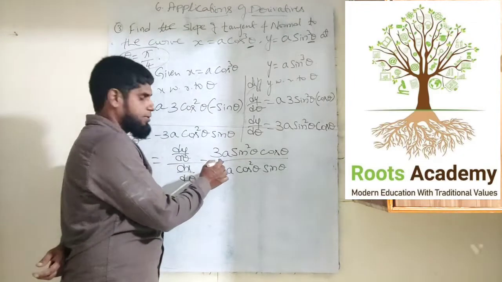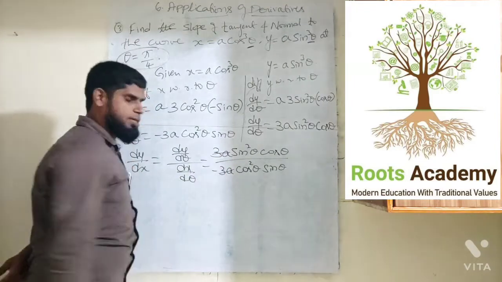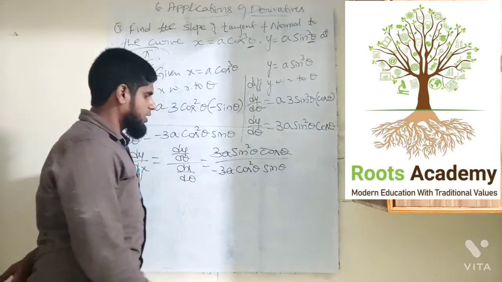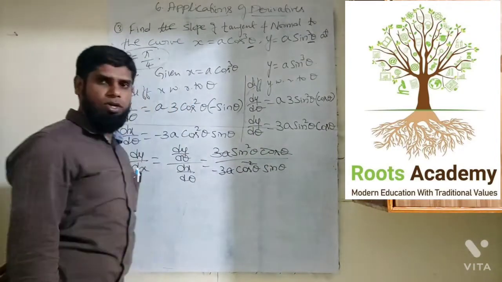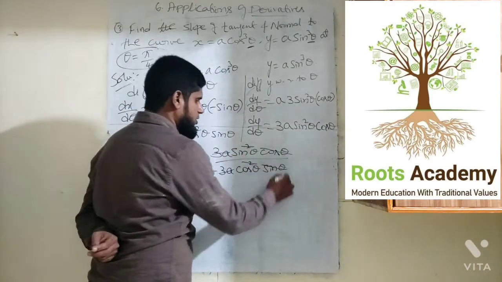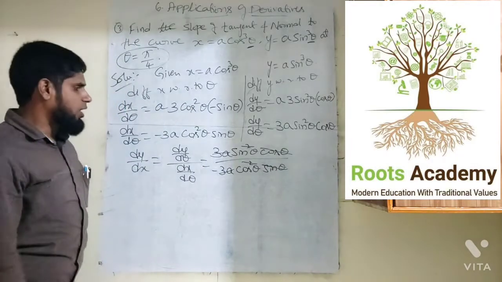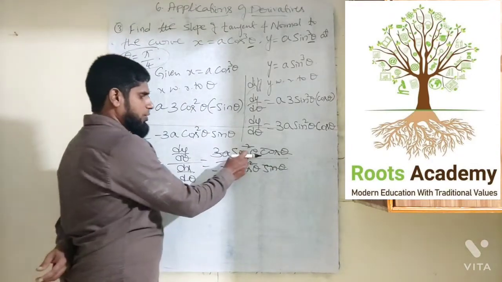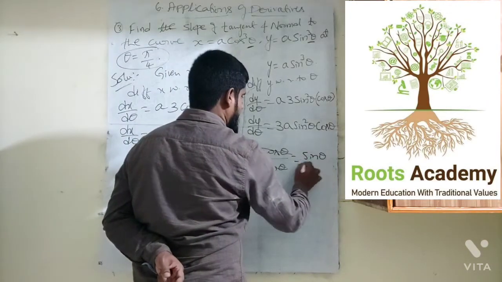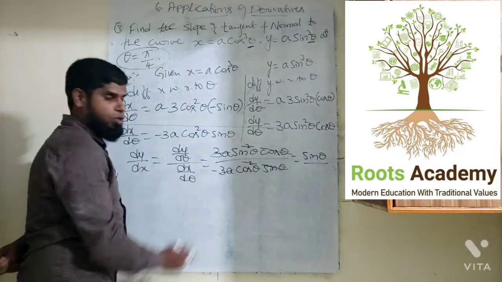The numerator 3a gets cancelled. One time cos in the numerator cancels with one time cos in the denominator. Same way, one time sin gets cancelled. In the left out part, in numerator we have sin and in denominator we have cos.